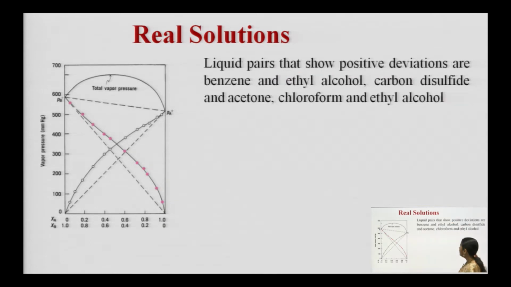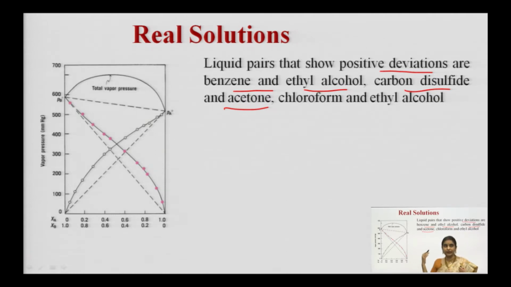Examples of positive deviation are the following liquid pairs: benzene and ethyl alcohol, and carbon disulfide and acetone. And what happens in this case? They have the tendency to escape, that means they will not form solutions.